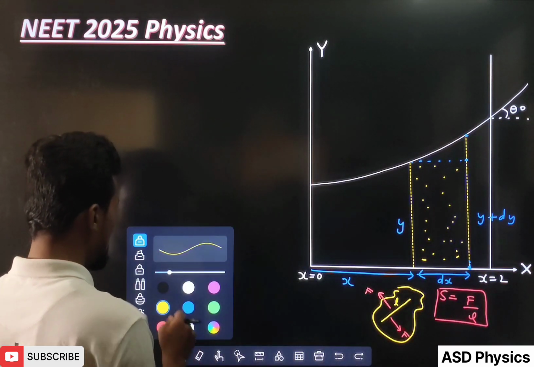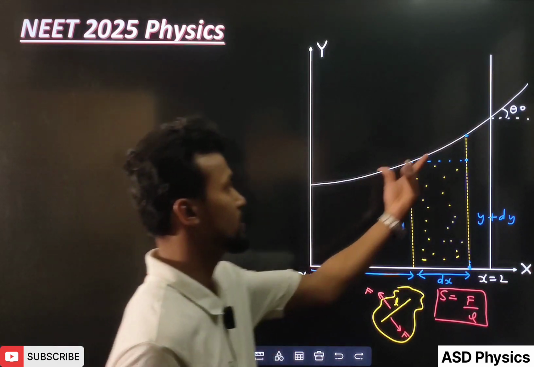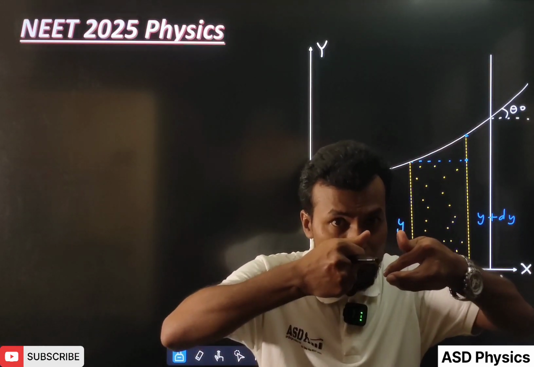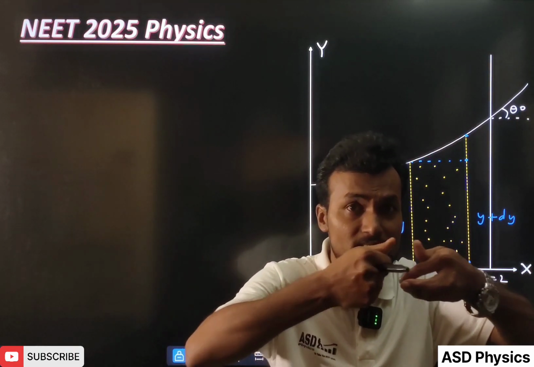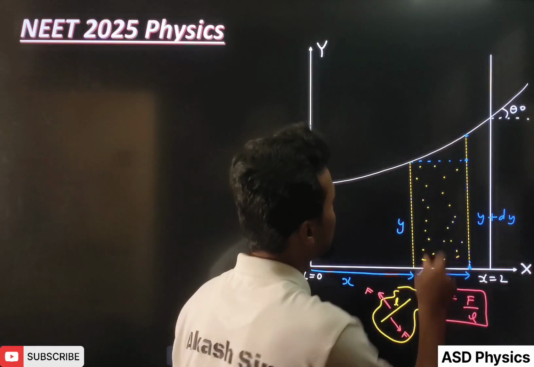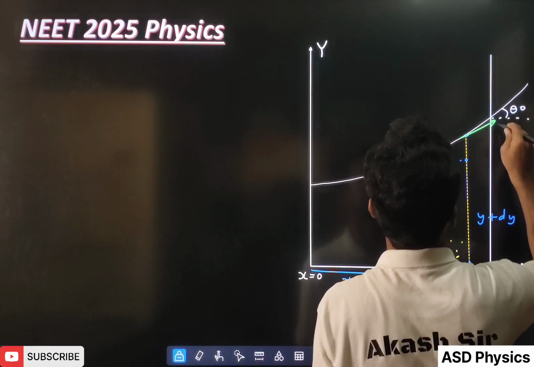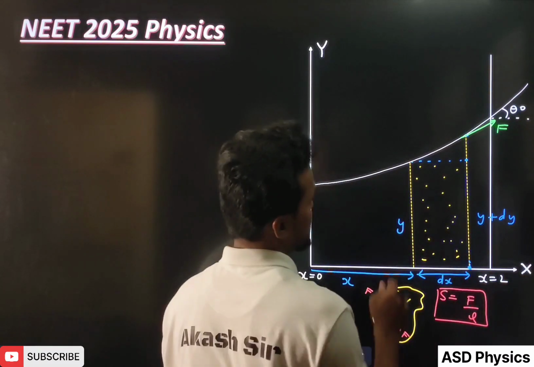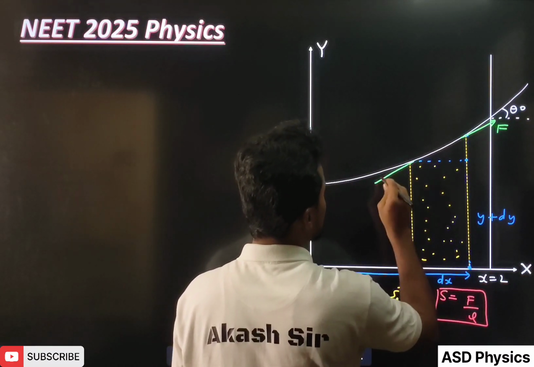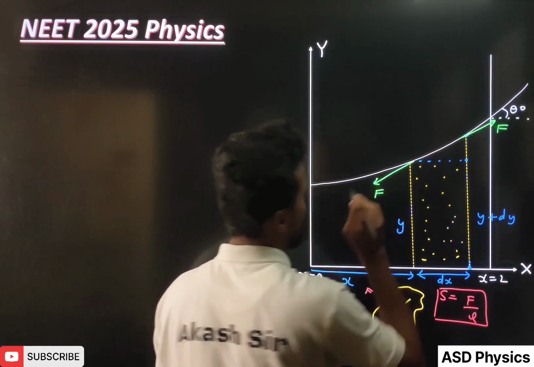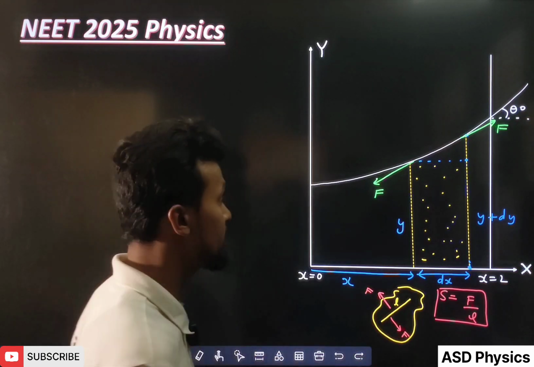Now this is the free surface, so it has minimum surface area and behaves as an elastic membrane. These molecules will exert a force in this direction, F, and these molecules will also exert a force in this direction, F. You can see F on both sides.